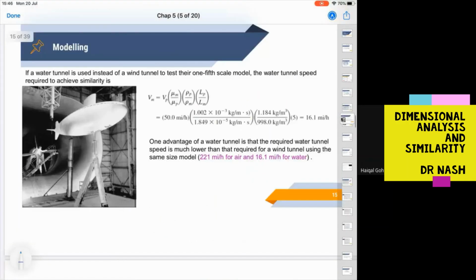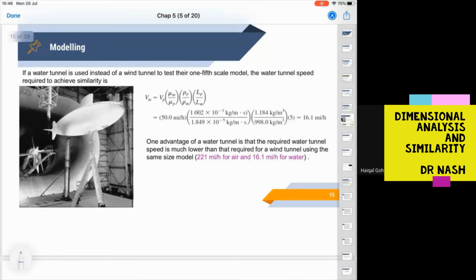Okay. So, how about if we're not using the wind tunnel? If we change from the wind tunnel to the water tunnel, so exactly the same steps, but we might have different rho and nu, which is density and viscosity. Kan?